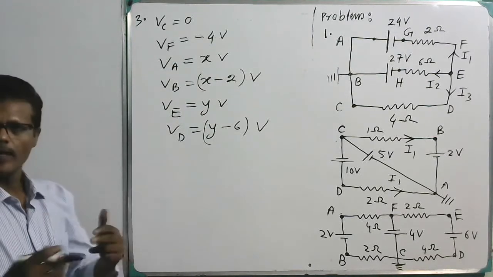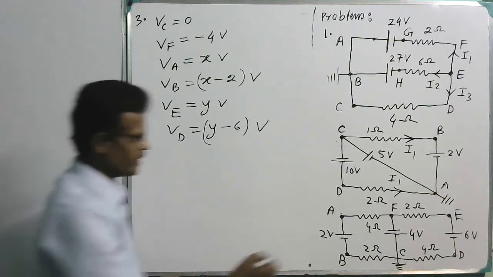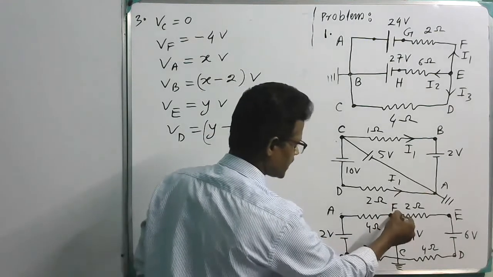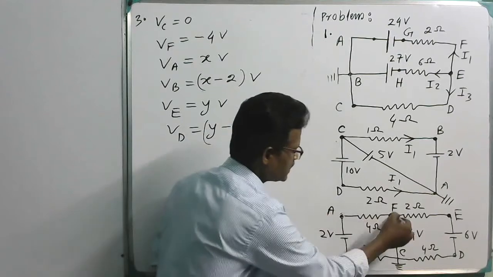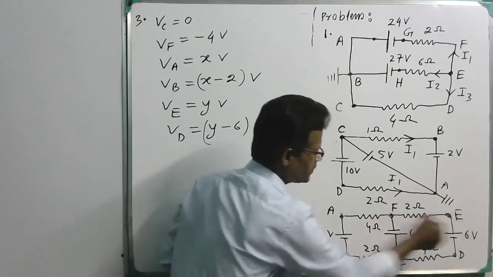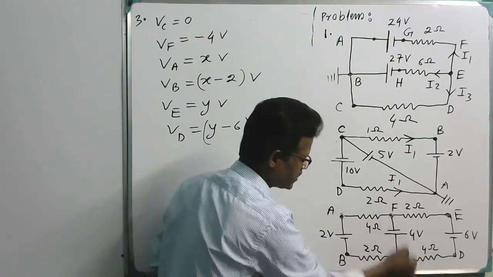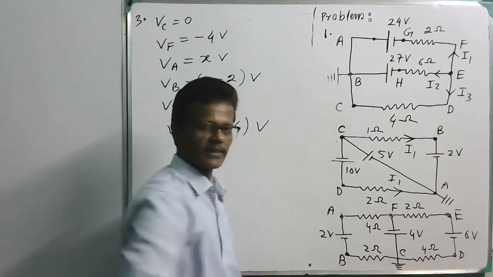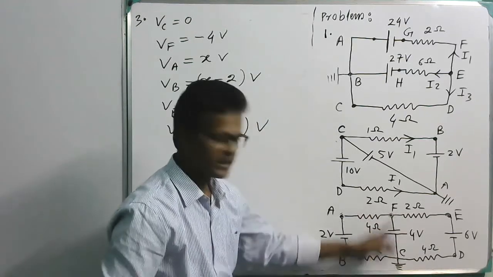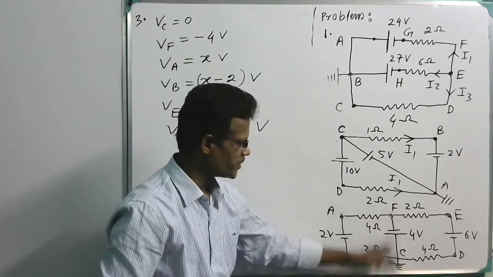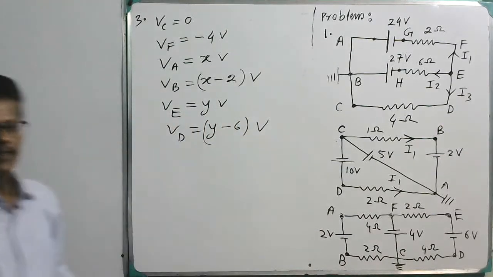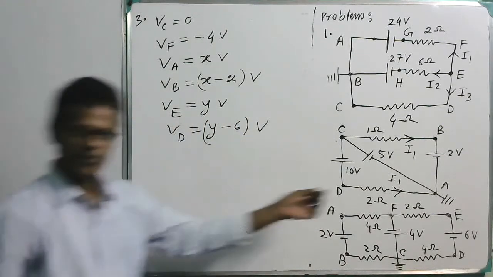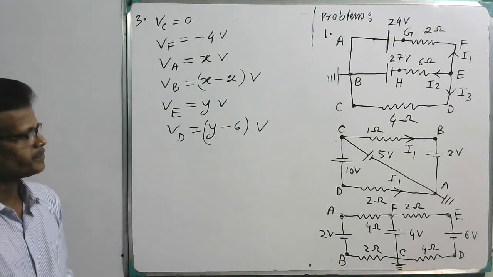In that case, you can't apply Kirchhoff's rule for this node, because this potential difference is known, but there is no resistance in this branch. So you can't write the current for this branch. So you can't apply nodal analysis for this circuit.